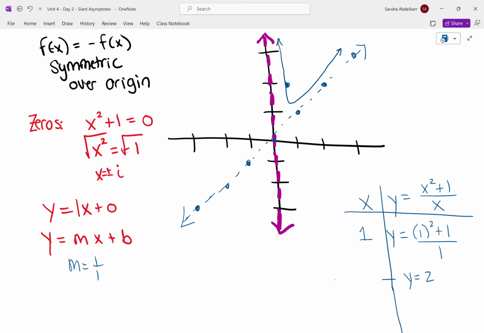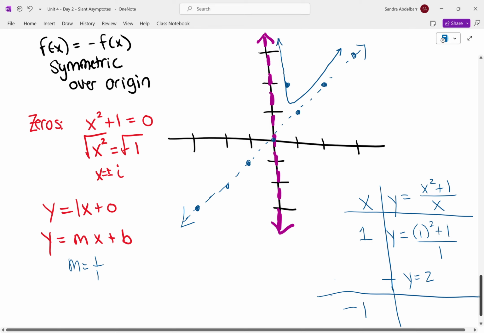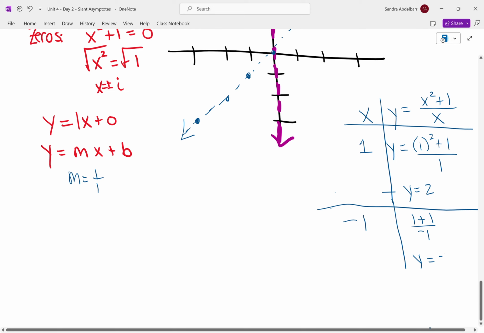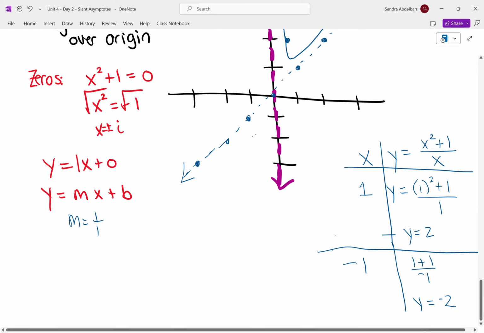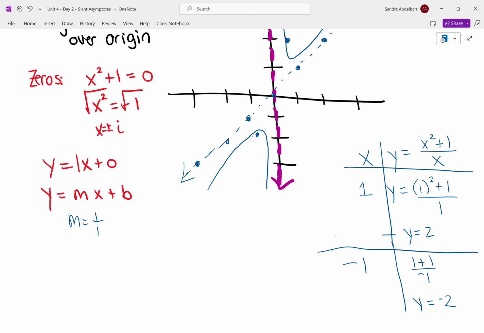Now remember, we said we were going to be symmetric through the origin. What does that mean? It means if I were to fold my paper over that origin, wouldn't I then create another same little loop over here, right? So you can just do that, just knowing it's going to be symmetric, or you can say, okay, well, let me just be certain. I'm now going to plug in -1 and see where I land. So if you plug in -1, you're going to have 1 plus 1 over -1, which is going to give us -2.